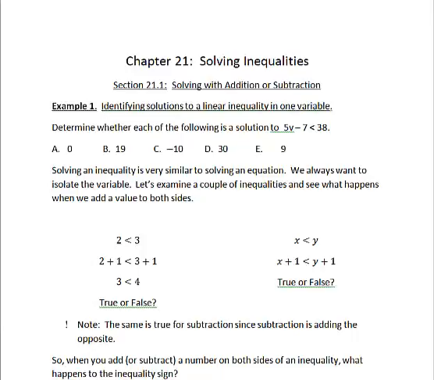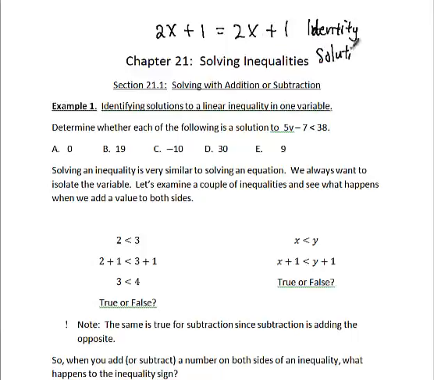Or at least with the equations that we've dealt with so far, with the exception of the equation that's called an identity, where basically we have two expressions. For instance, 2x plus 1 equals 2x plus 1. The left and the right hand side are identical, and this is an identity, and the solution is all real numbers.